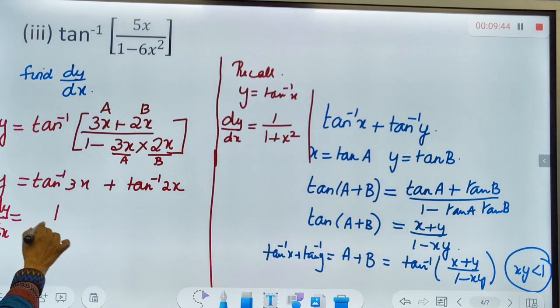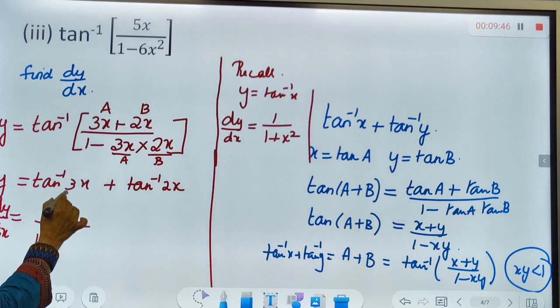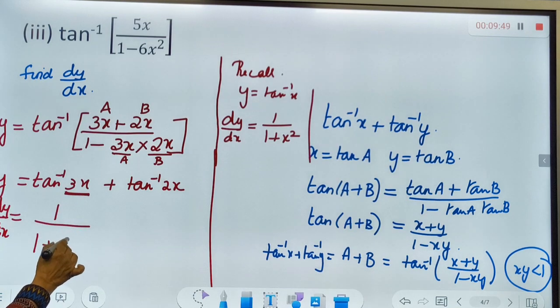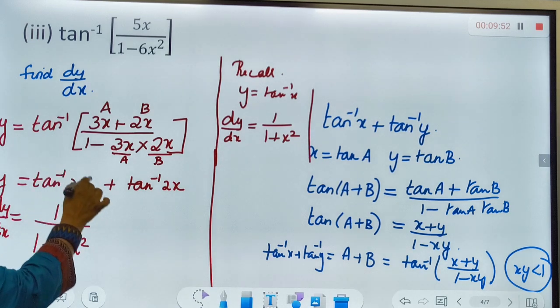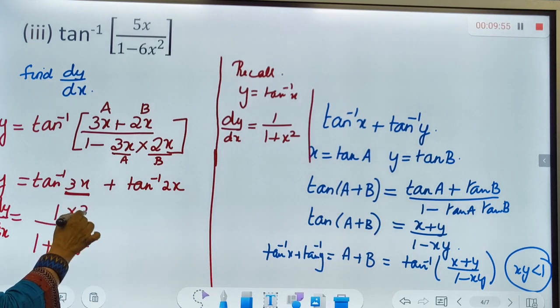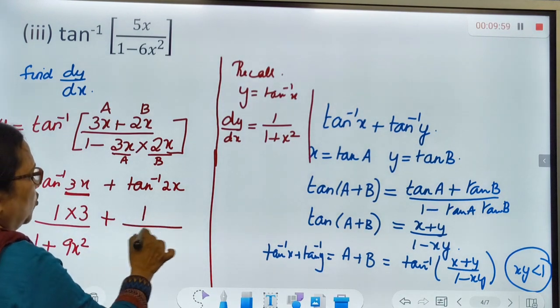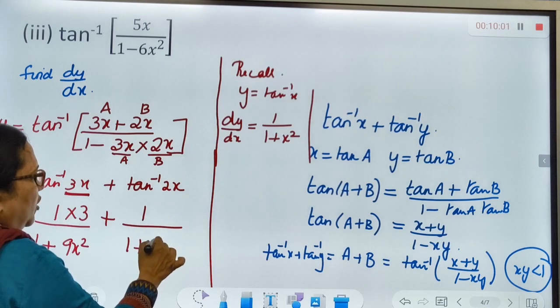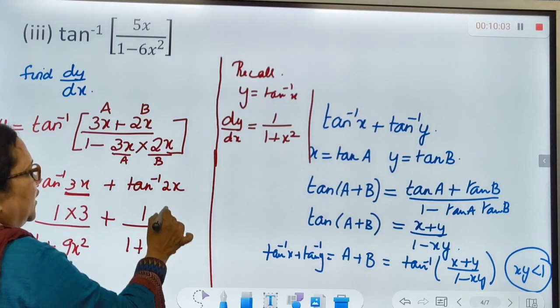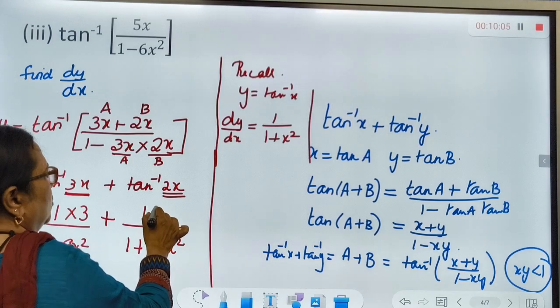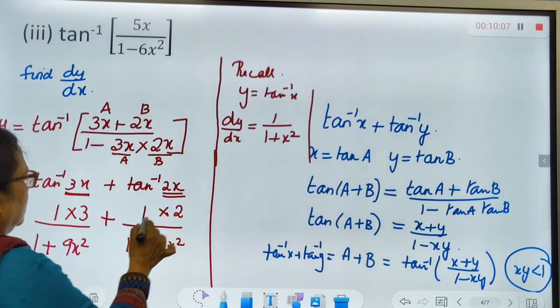So this will be 1 by 1 plus square of 3x, which is 9x square, into derivative of 3x, which is 3. Then 1 by 1 plus 4x square into derivative of 2x, chain rule, into 2.